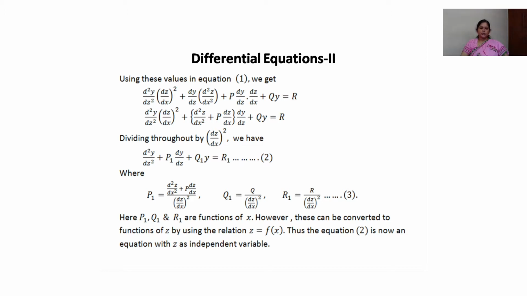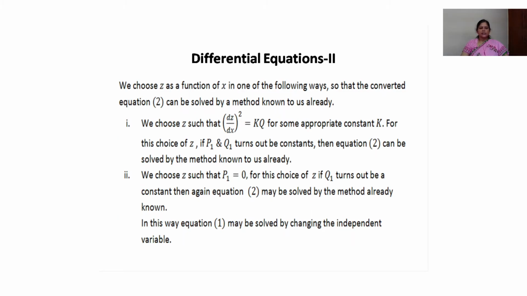Here p1, q1 and r1 are functions of x. However, these can be converted to functions of z by using the relation z is equal to f of x. Thus the equation 2 is now an equation with z as independent variable.